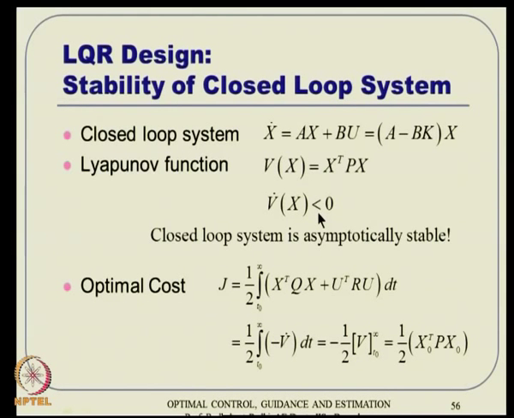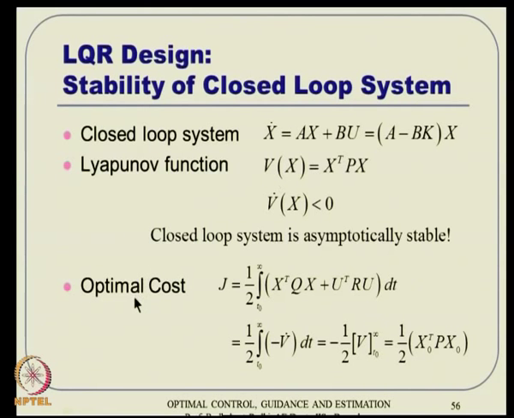So, it tells us that the closed loop system is asymptotically stable, and because it is also radially unbounded, it turns out that it is globally asymptotically stable. If you see the solution nature, for constant A and B and constant K, it is actually globally exponentially stable also basically.